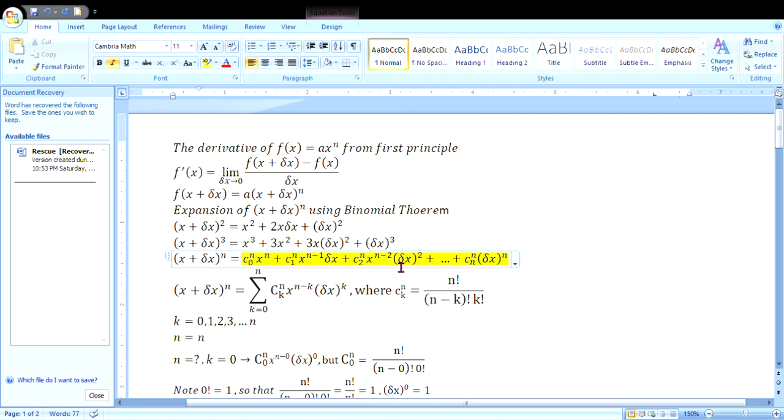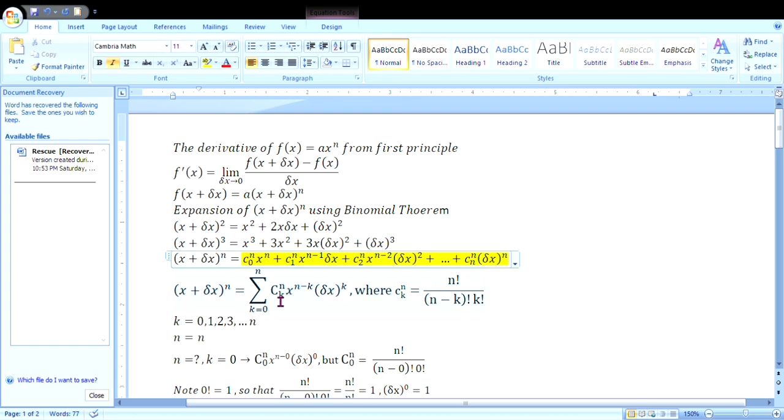So you can see that delta x is delta x, then delta x squared, to the right, but to the left, you will see that x is eventually decreasing. Okay, that is just the procedure.